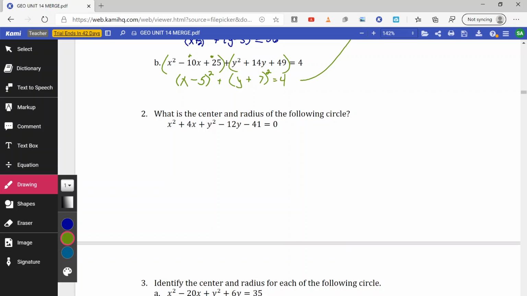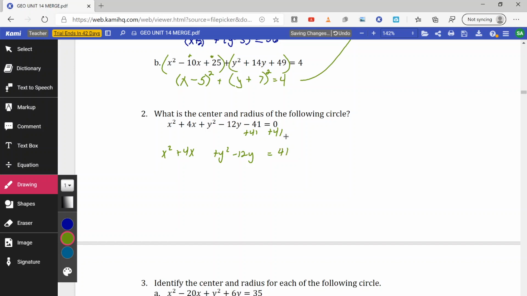So x squared, x, y squared, y, 41. So I'm going to add 41 to both sides first and foremost. Now we have x squared plus 4x, I'm going to leave a little bit of space, plus y squared minus 12y, and again a little bit of space, equals 41.